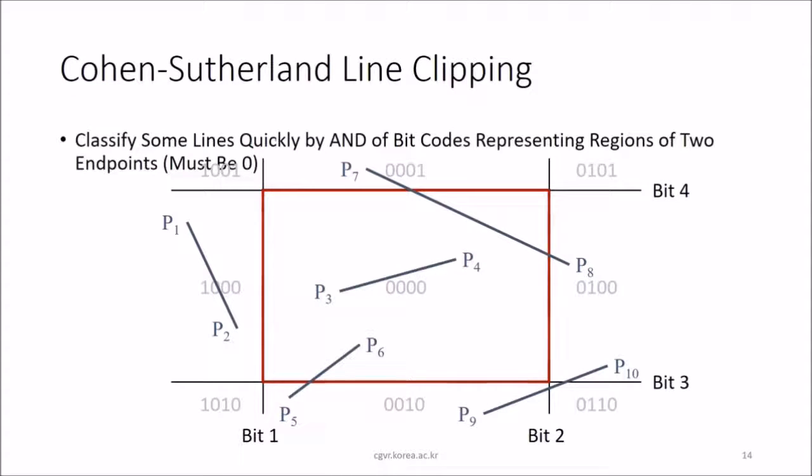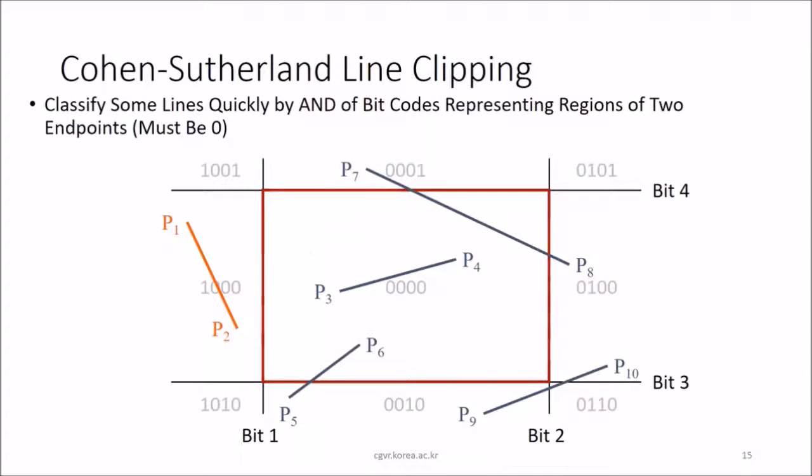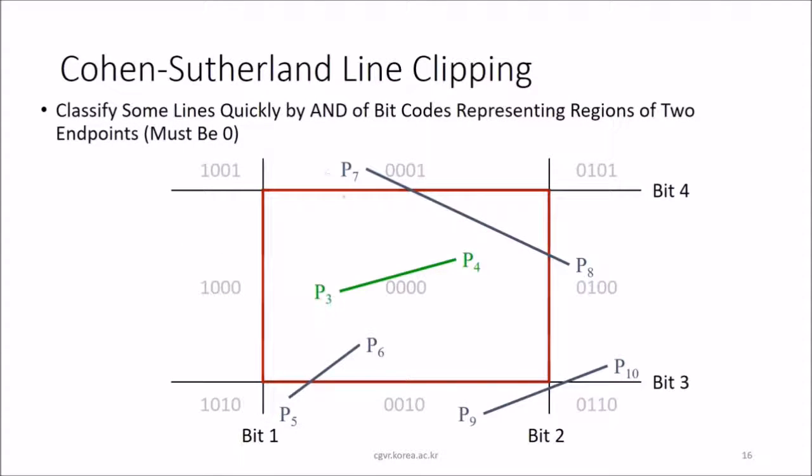We classify some lines quickly by the AND of bit codes representing the regions of the two endpoints. We apply a simple AND, and if the result is not 0, the line will be out. If it must be 0, then ultimately we find this one is lying inside.